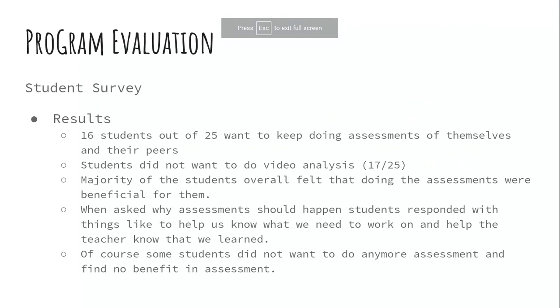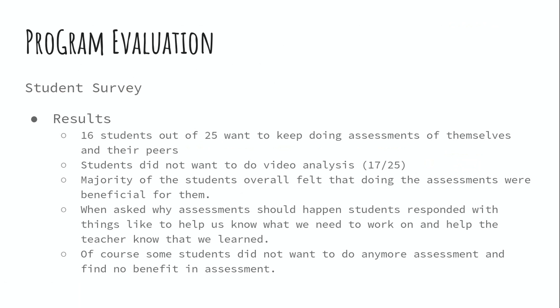So our program reevaluations, I did a student survey. Some results from the survey: 16 out of 25 wanted to keep doing assessments throughout the school year of themselves and their peers.